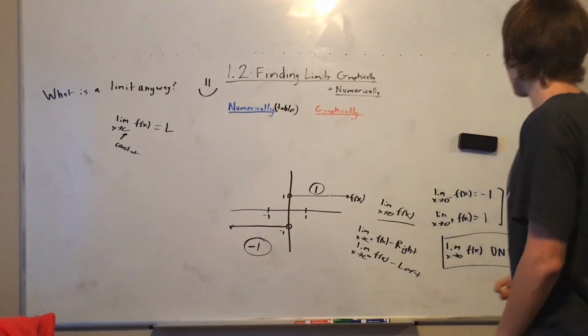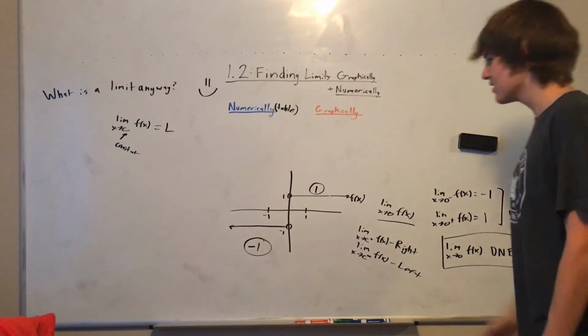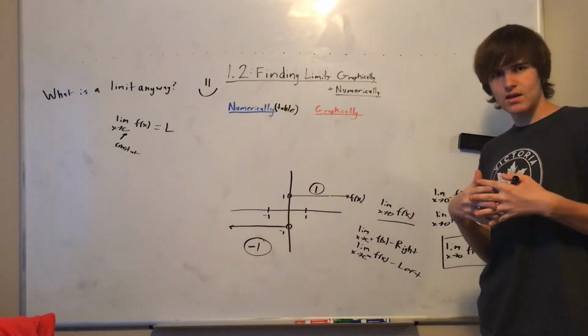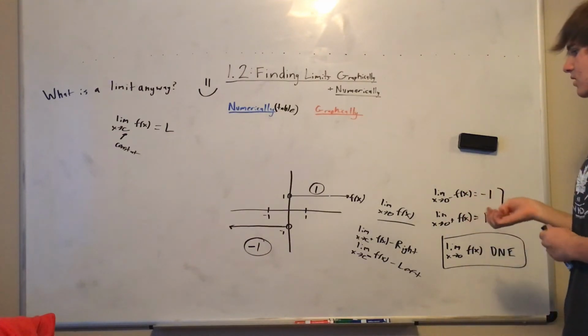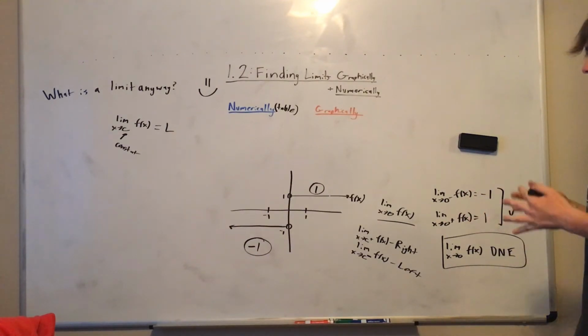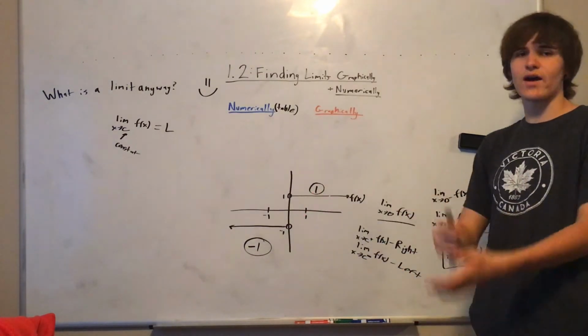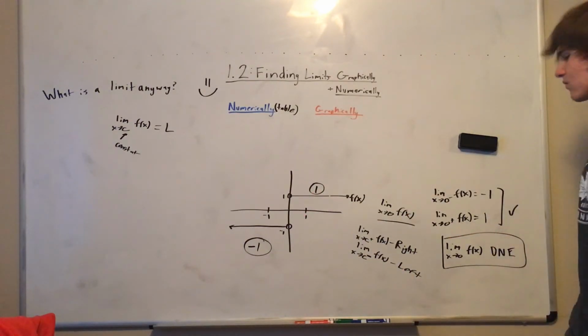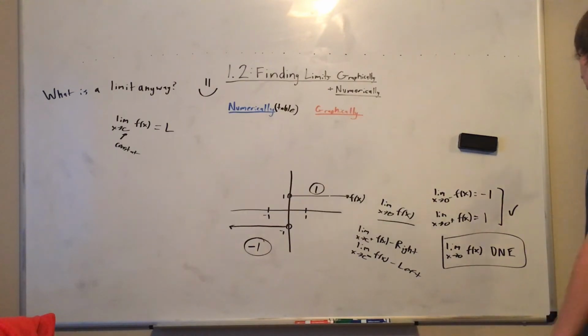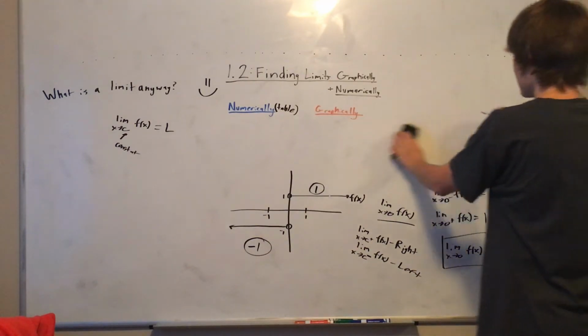Because if you have two different values you're approaching, there's no singular limit that's going to connect what those two values are. It's not approaching a single value, it's approaching two different values from two different sides, and we can't have that, so we just throw it out. DNE, does not exist. So that's a takeaway from this.